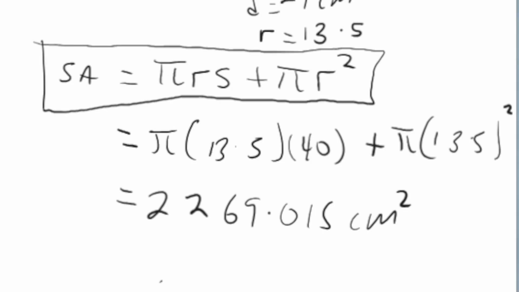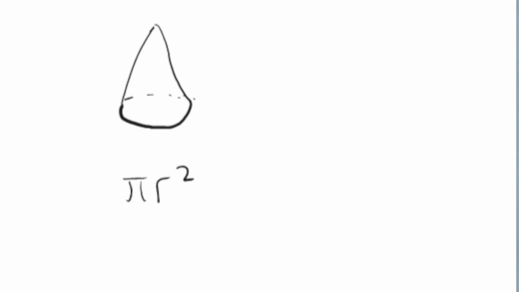So in conclusion, this is a cone. It has a base area, and the base area is pi r squared, and then it has a lateral area, and the lateral area has the slant height, and that is pi r s.